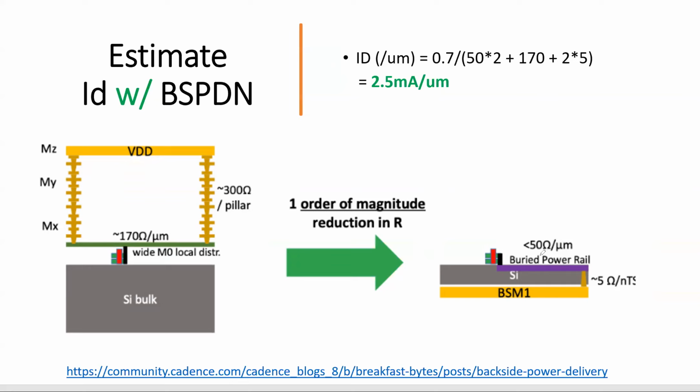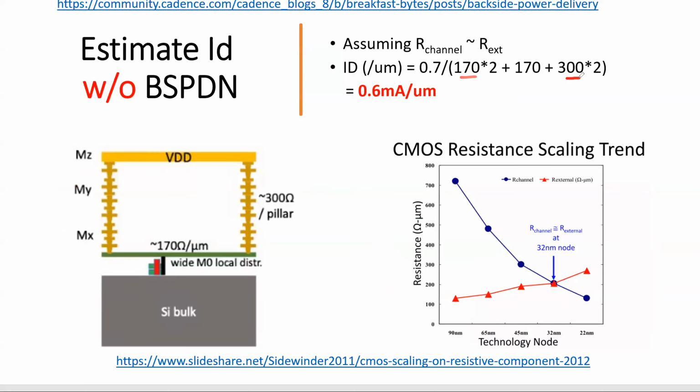The backside rail coming here is much bigger and wider, so the resistance drops as well. So overall resistance becomes 50 and 2. Right. So here is, I'm sorry, 5. Here is 5. This is the nano TSV. I'll explain later. So your power is coming from here. And then the formula changes. The formula is the same. The numerical value changed. Previously it was 300, 170 and 300, right?